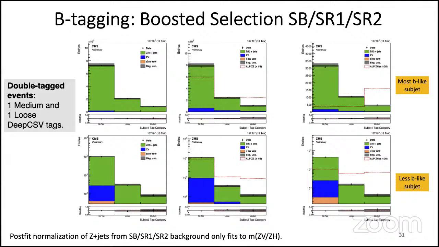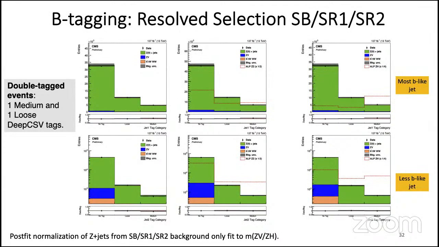Here, the plots are in sidebands, signal region 1, signal region 2, for the most b-like subjet and the less b-like subjet. And we group in different categories with no tag, loose requirements and medium requirements for the boosted selection and for the resolved selection.